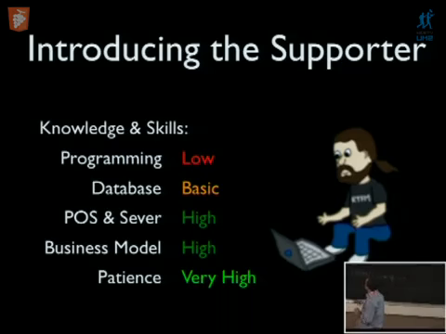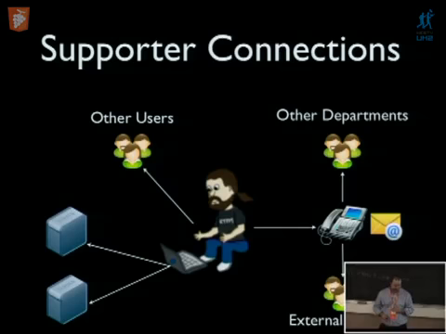But in POS and server, hardware, documentation, even the business model, they are very strong. They are focused on the business model of the whole network, from the front office application. And a very high skill is patience. As you will see in the slides, they are very patient.